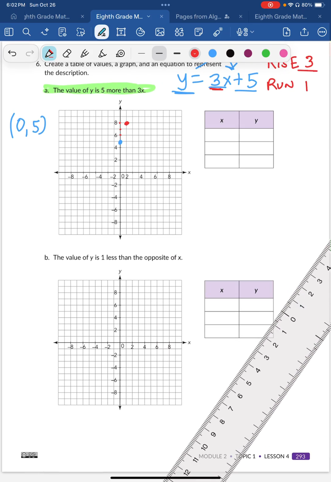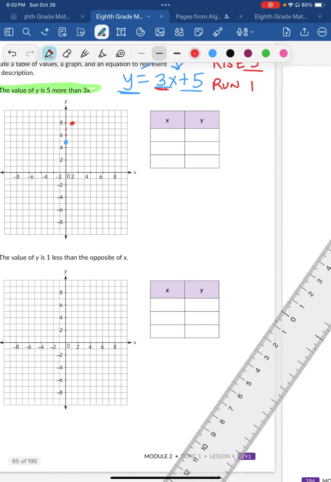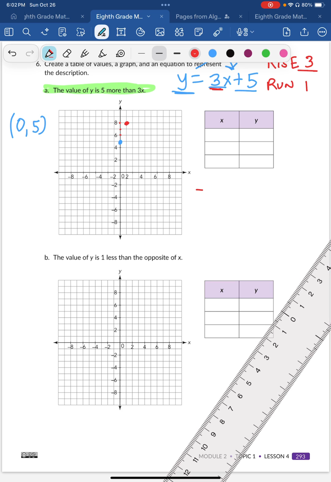So what can I do? I have a positive slope. What if I went down 3 and to the left 1? Negative divided by negative is a positive, so that's still going to be my 3/1 slope. So I can go down 3, 1, 2, 3, to the left 1. Down 3, to the left 1.